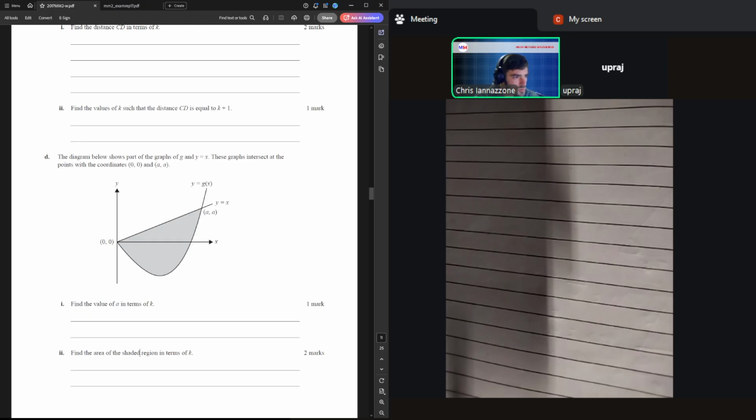The good news is you're being awarded 2 marks for what's effectively one line of effort, or at least it could be one line of effort.